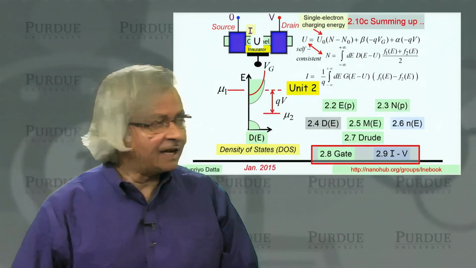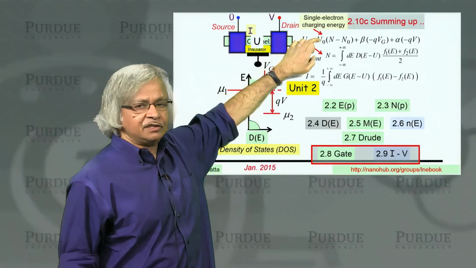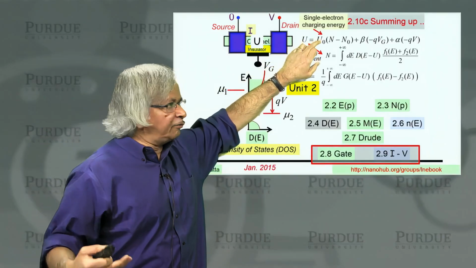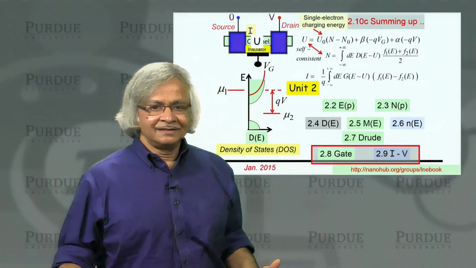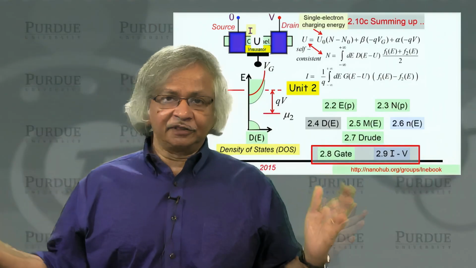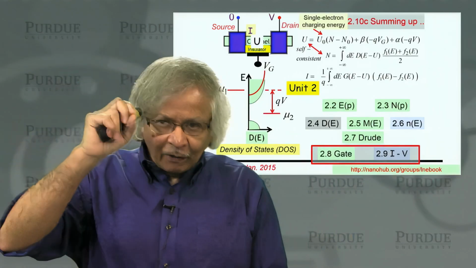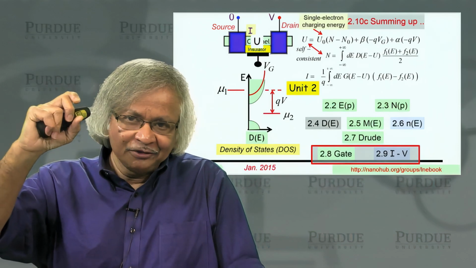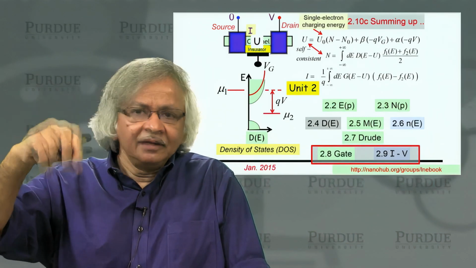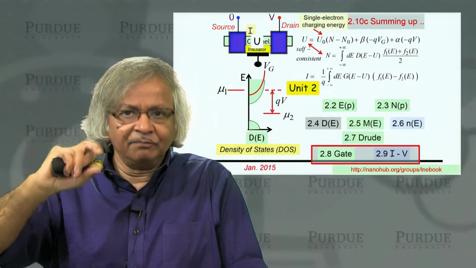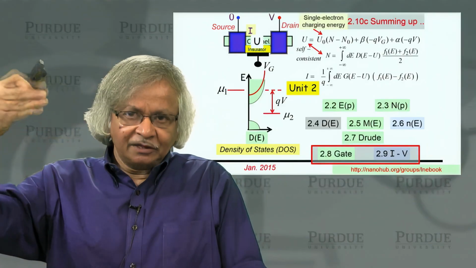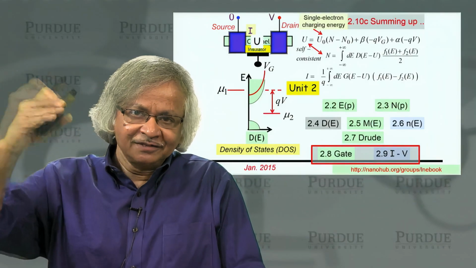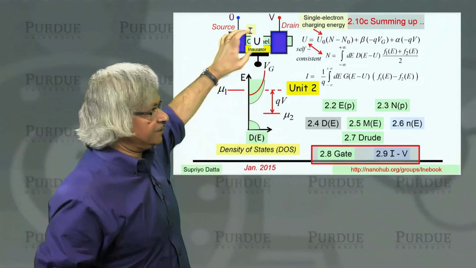But of course, you still have to worry about this change, because usually under operational conditions, you might change the number of electrons by like 10,000 or 100,000. So even if one of them changes it by a microelectron volt, 100,000 of them would change it by like 10 millivolts or 100 millivolts. So the actual change can be sizable.